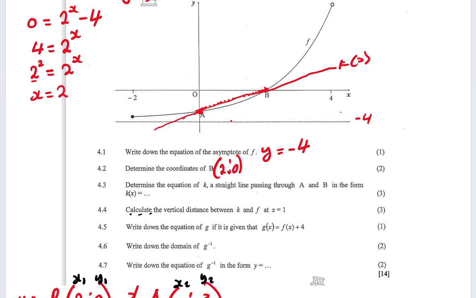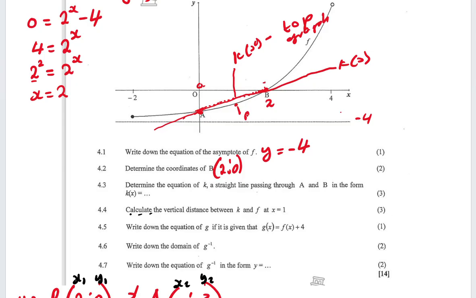So they want the distance. We know that here we have 2 and here we have 0. 1 is between 0 and 2. Between 0 and 2, which graph is at the top? The graph at the top is k of x, and f of x is at the bottom.